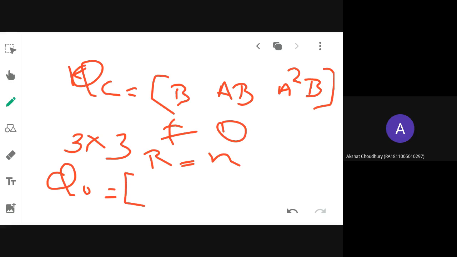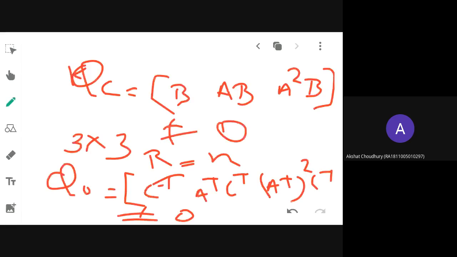Kalman's matrix: C transpose, A transpose C transpose, then A transpose the whole square C transpose. This should also not be equal to 0. These two things we will do in the next class, but you have to remember the formula and the ABCD matrices. Have you all taken down the ABCD matrices? Next class I will ask.